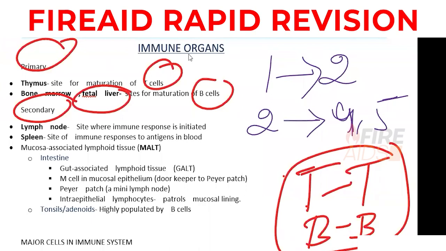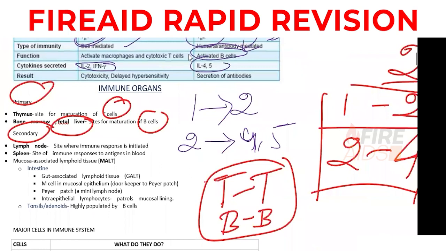So T cell thymus, B cell bone marrow, T for T, B for B. Other than that, B for L, fetal liver. Here you can also remember HB, because hepatocytes, B cells.